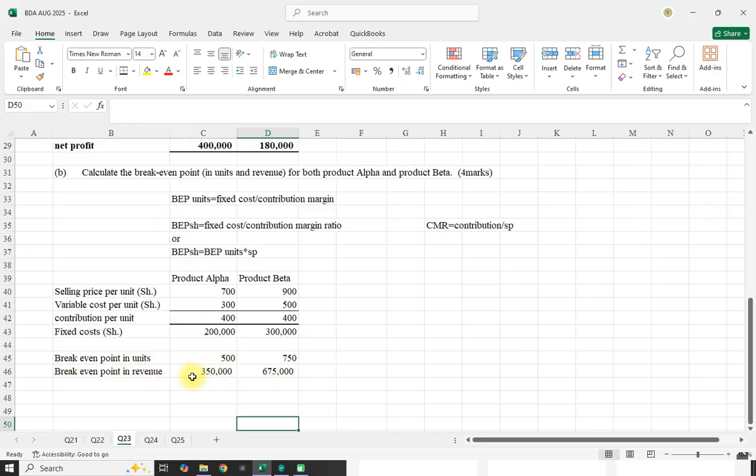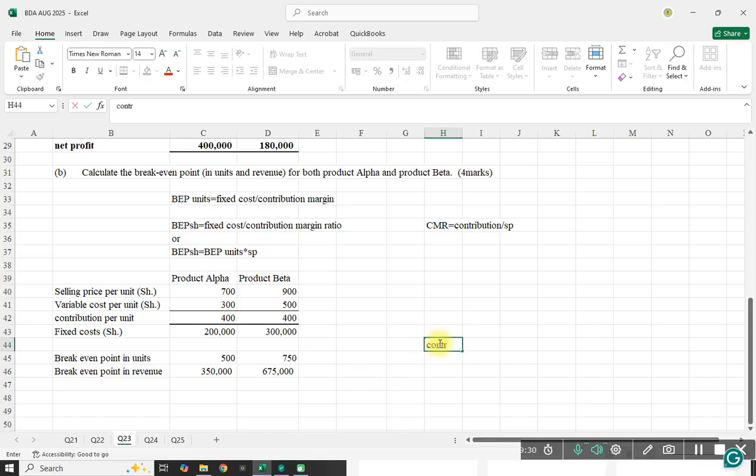Or if you're not multiplying it by the selling price, you can use this. You find the CMR, contribution margin ratio.